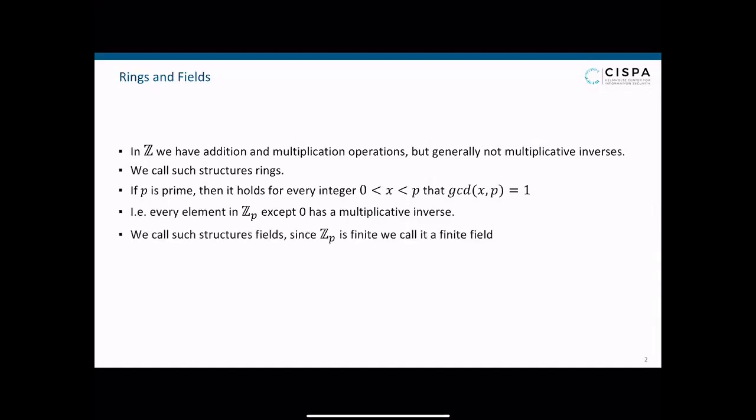Okay, and such structures we call fields. So in a field, every element except for 0 has a multiplicative inverse. Now, of course, 0 cannot have a multiplicative inverse. You cannot multiply 0 with anything and expect it to be 1, because multiplying with 0 always gives you 0.